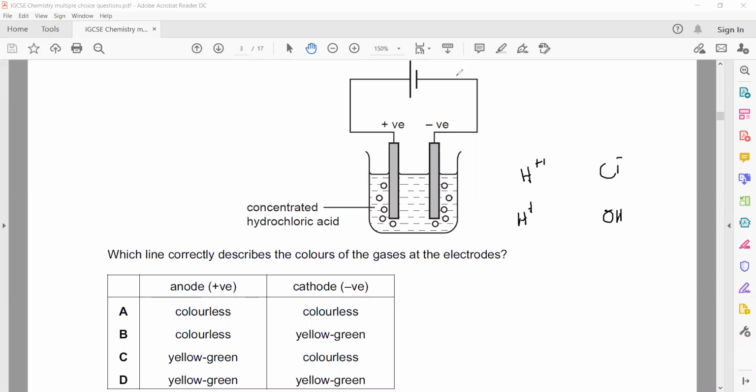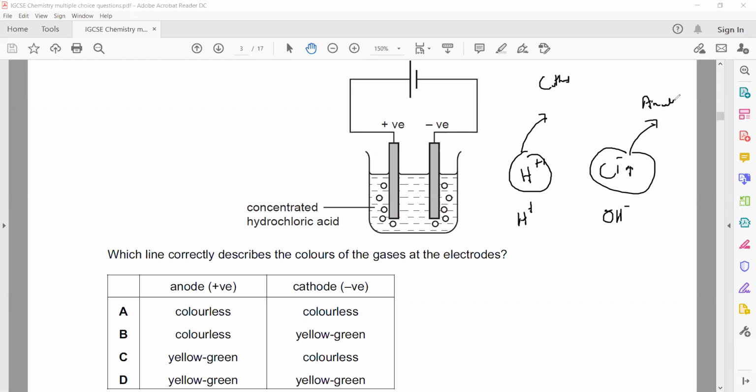For positive ions, we check the reactivity, but in this case, because hydrogen is common, hydrogen will move towards the negative electrode or cathode. So we'll get hydrogen gas. But it's concentrated HCl, so for negative ions, we check the amount, except sulfate, carbonate, and nitrate, which do not move. So here chloride ions move towards the anode.